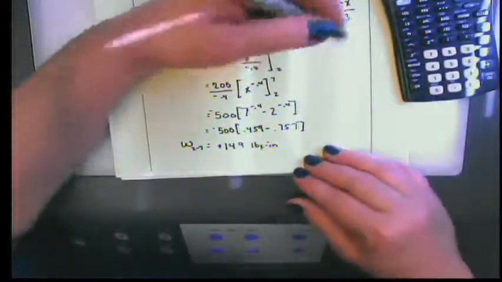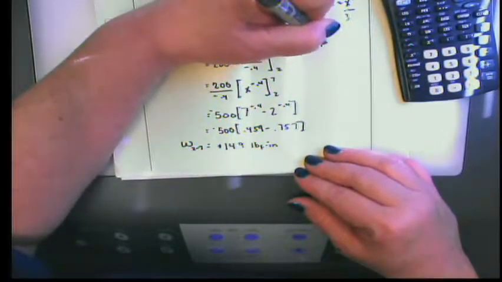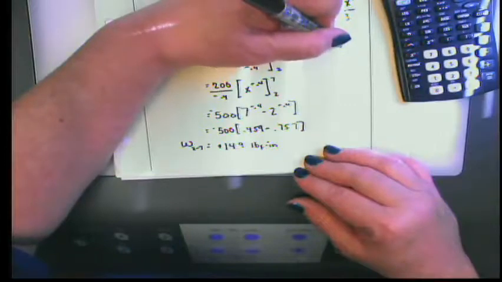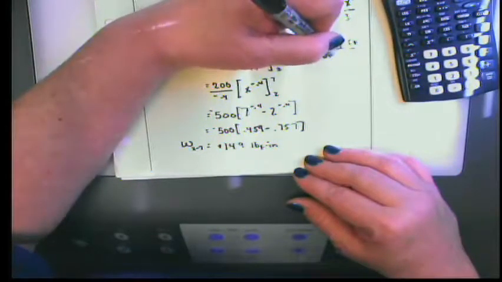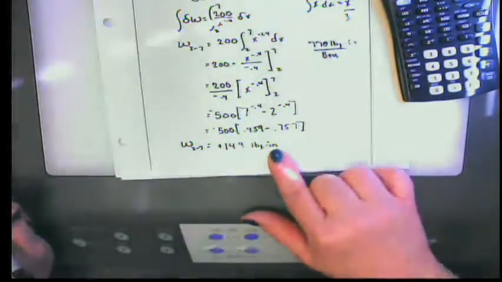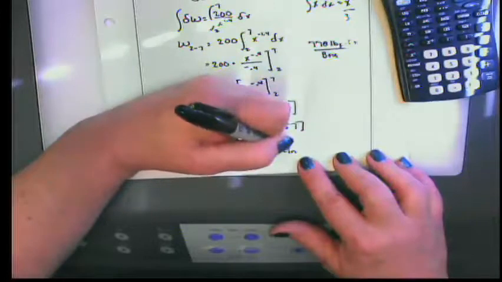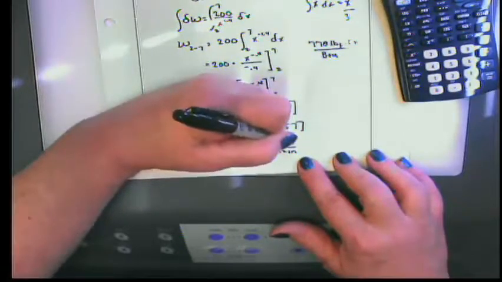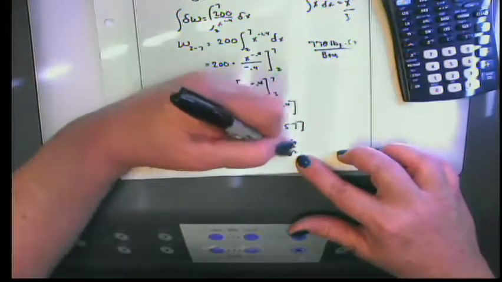And I know that there are 778 foot-pounds per BTU, and I know that there are 12 inches per foot. So if I do 1 foot over 12 inches, that will convert me to foot-pounds.